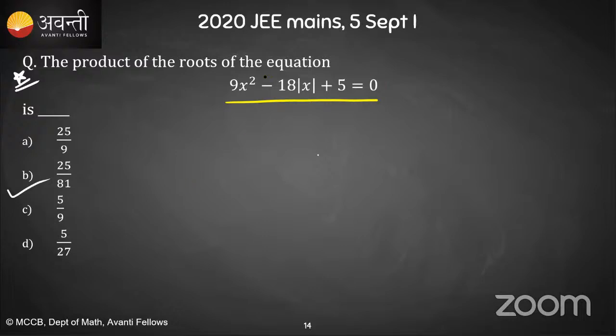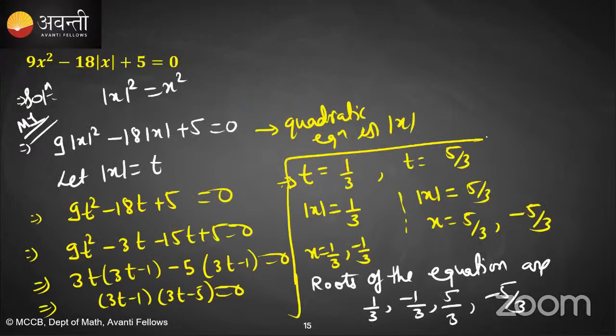Tell me, if you look at this, is it a quadratic equation in x? I'm asking a simple question. Everyone, tell me quickly. No, right? This is not a quadratic equation in x. This is a quadratic equation in mod x.